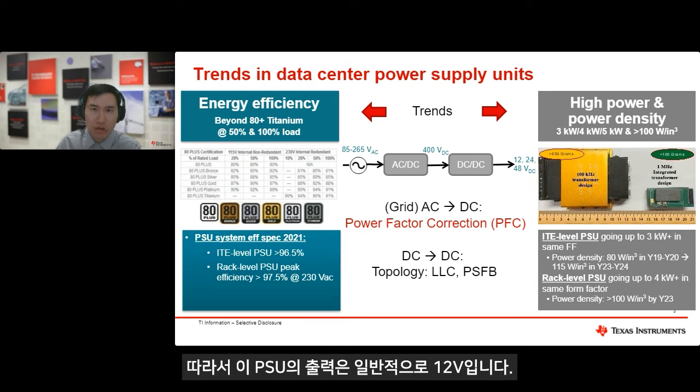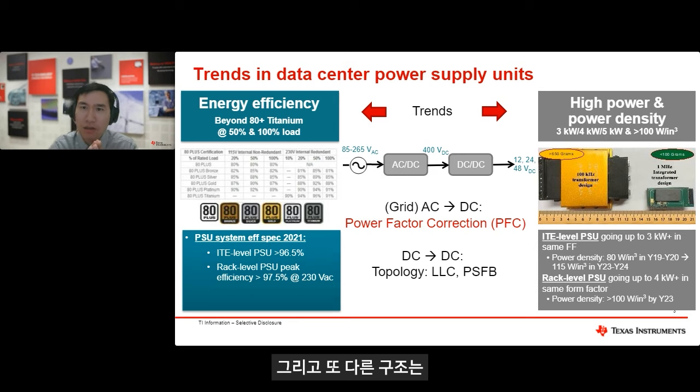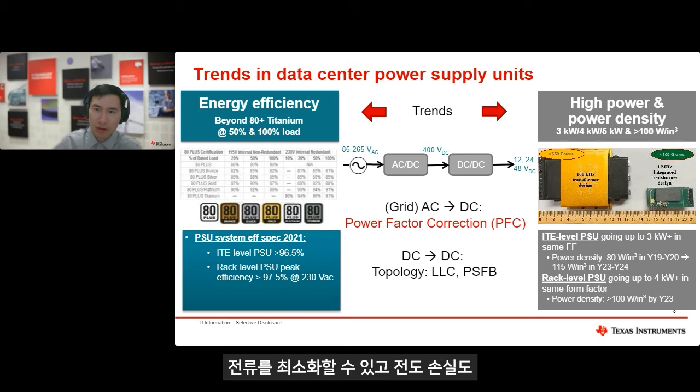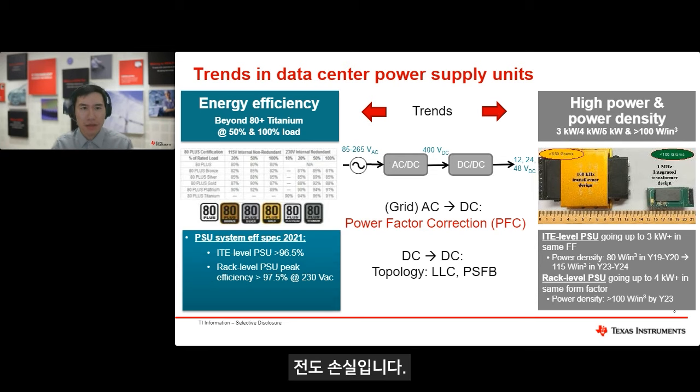The output of this kind of PSU is normally 12 volts. Another structure is where the power supply unit will provide the power for the entire rack. Normally that kind of output is 48 volts, so that the current can be minimized, and the conduction loss can be minimized as well. This is conduction loss on the wire, copper wire, and this kind of thing.